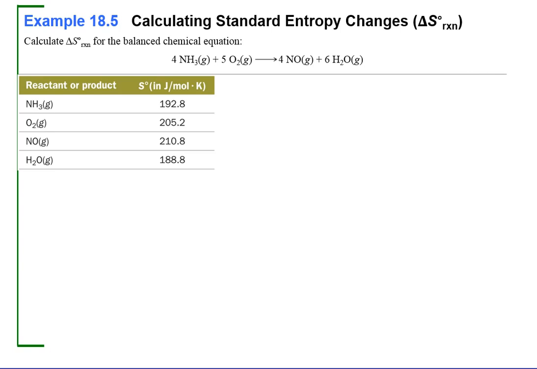So you are given a chemical equation here, and you are given the standard entropies here to solve the change in the standard entropy of the reaction.